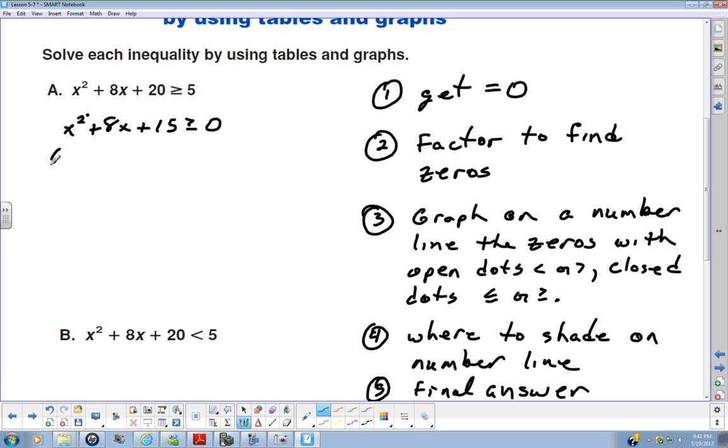So we're going to factor this now. x plus 3 and x plus 5. And we want to know when that's greater than or equal to 0. So we're going to go ahead and make our number line now.